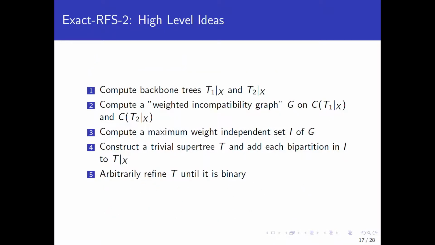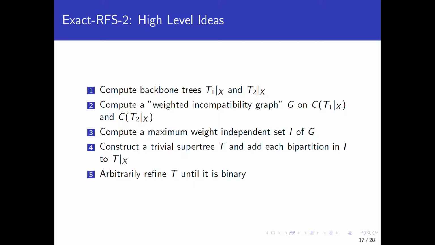With the notation introduced, we give a very high level idea of the algorithm. In the first step of the algorithm, we compute the backbone trees T1 restricted to X and T2 restricted to X. And then we compute what we call a weighted incompatibility graph on the bipartitions in the backbone trees. We will formally define this weighted incompatibility graph later when we go through the example.